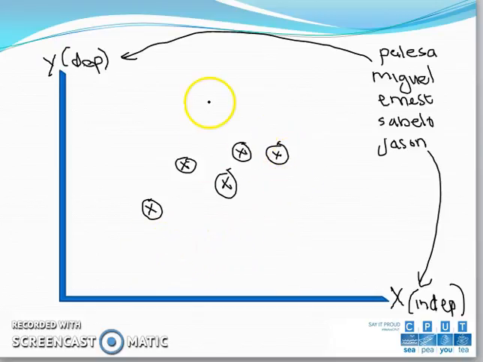Now, I want you to think about this for a few seconds. If I was to draw a line to try and describe the relationship between marks and study time, what would be the best line?